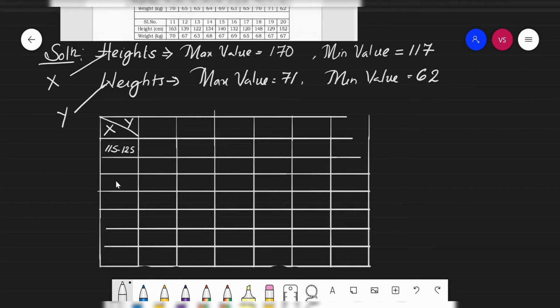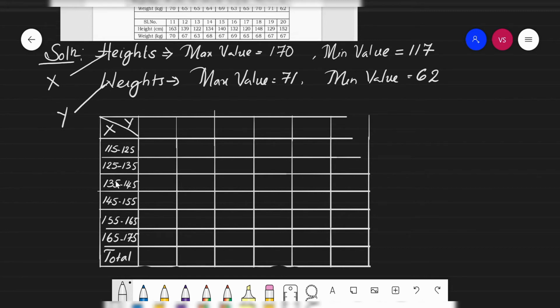Then next is 125 to 135, then 135 to 145, 145 to 155, 155 to 165, 165 to 175. I'll end it here. The reason is 170 is the last value, so the last column would be total rows.